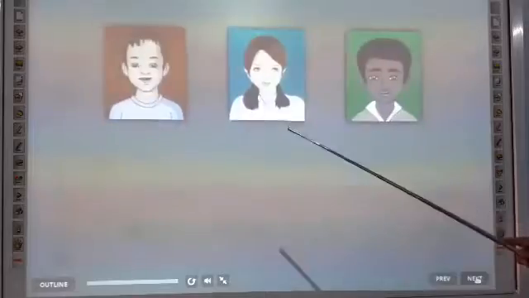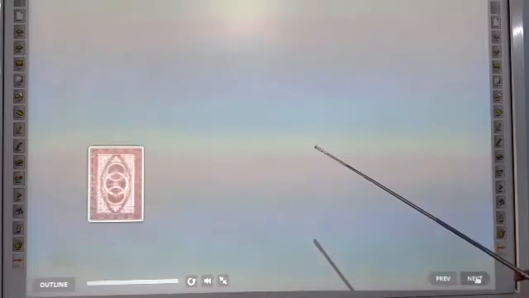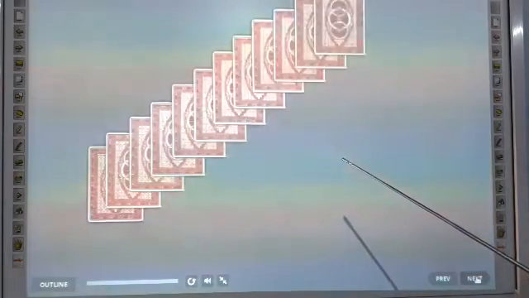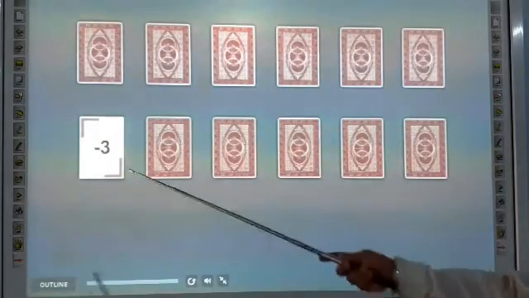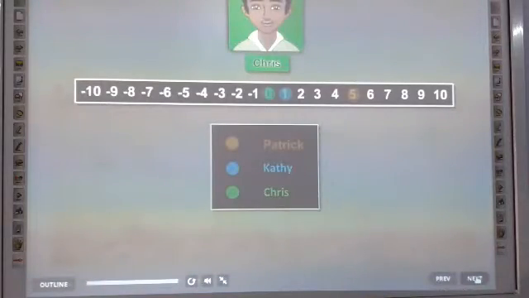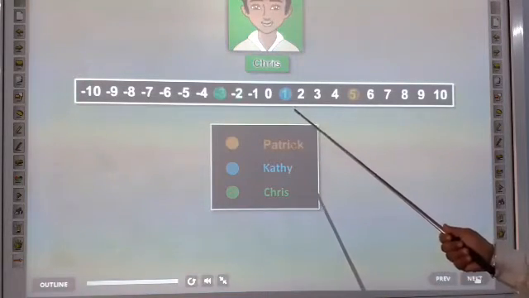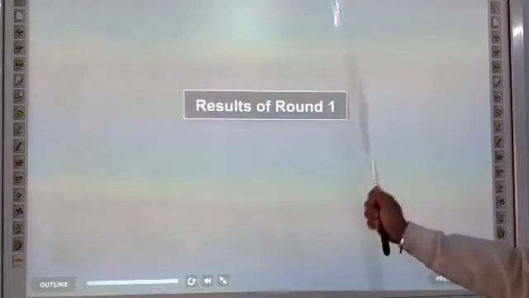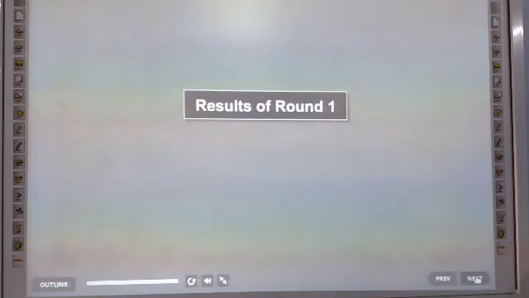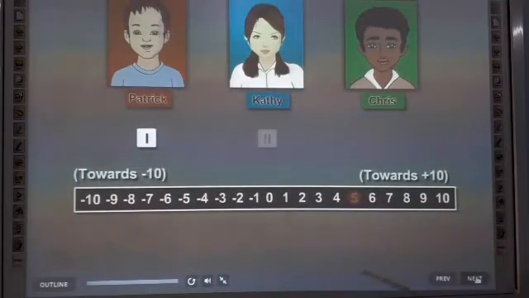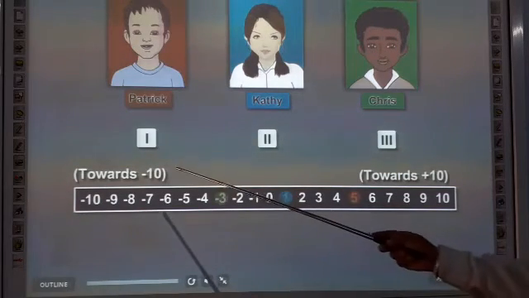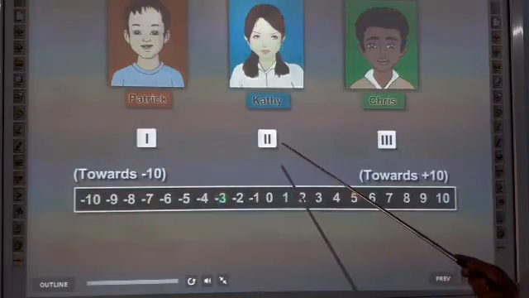Zero plus 1, and last candidate minus 3. Negative integers minus 1, minus 2 and minus 3. Result of round 1: two words, minus 10 and plus 10. First position Patrick, second Kathy.